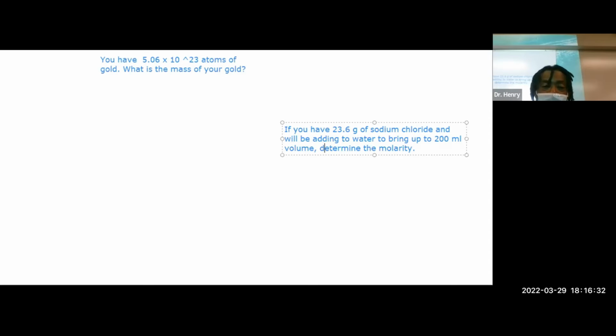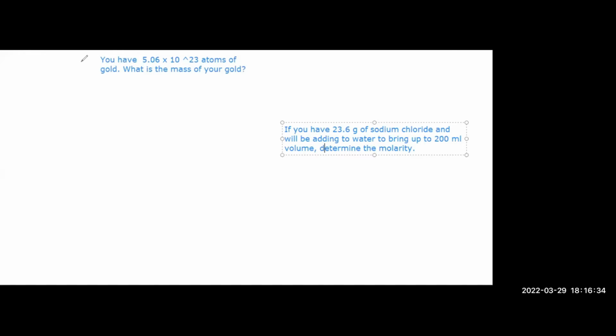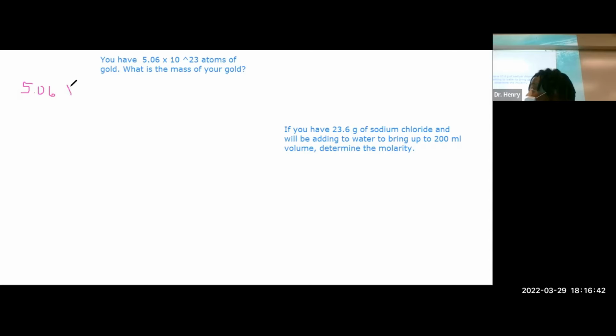So my given is 5.06 times 10 to the 23 atoms of gold, Au. And then what do I need to do?